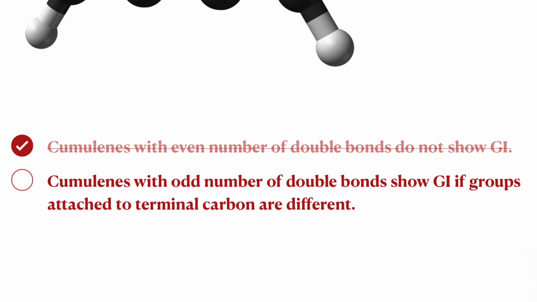Therefore, cumulenes with an even number of double bonds, whatever the groups attached to the terminal carbons may be, those double bonds are not geometrical centers.